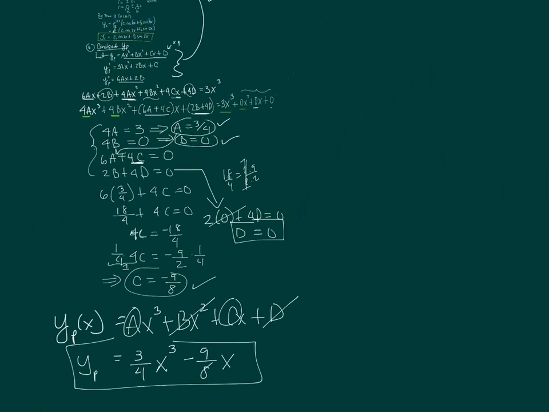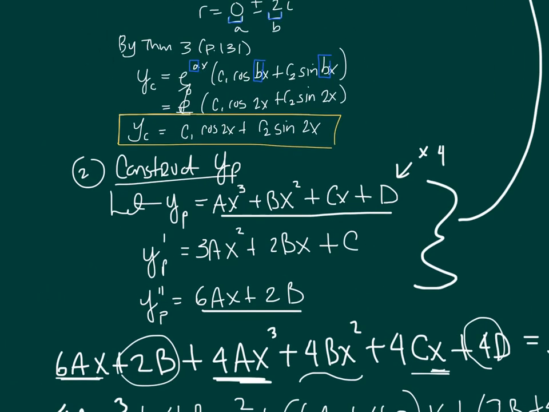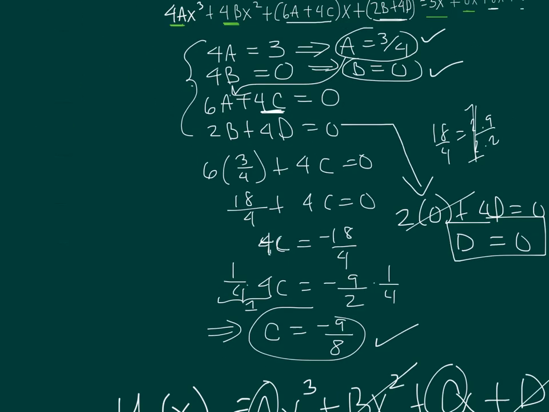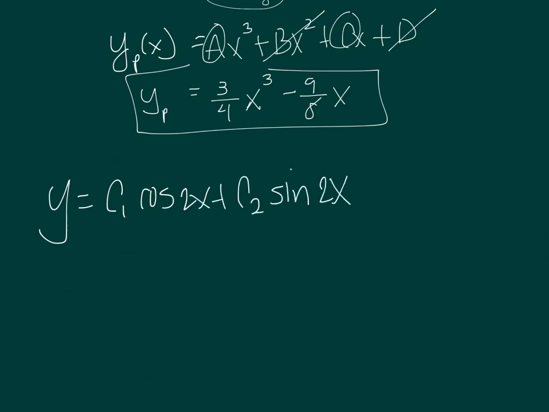So now let's add these together. Let's put them side by side. So remember, my y sub c was our cosine and sine, C1 from our characteristic equation. So cosine 2x. Okay, so the final solution is C1 cosine 2x plus C2 sine 2x. And then I'm going to add my particular solution, if you want to maybe write parentheses or not.